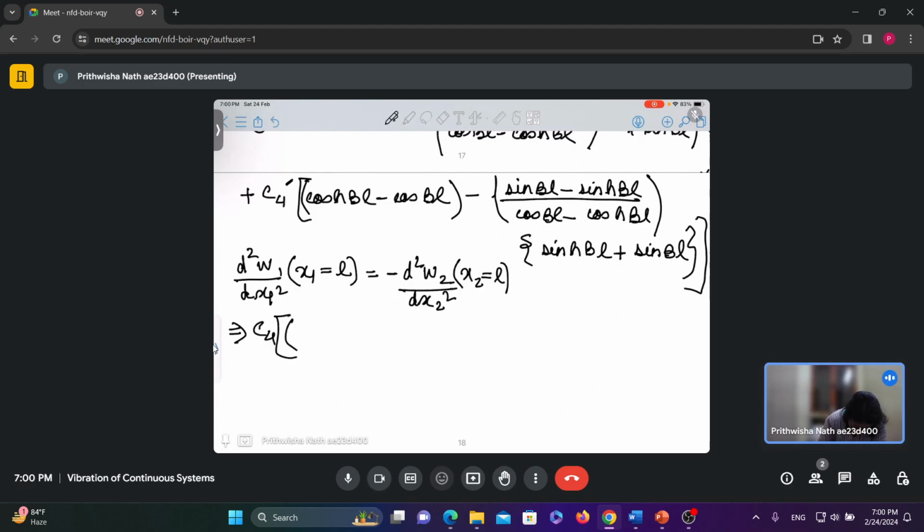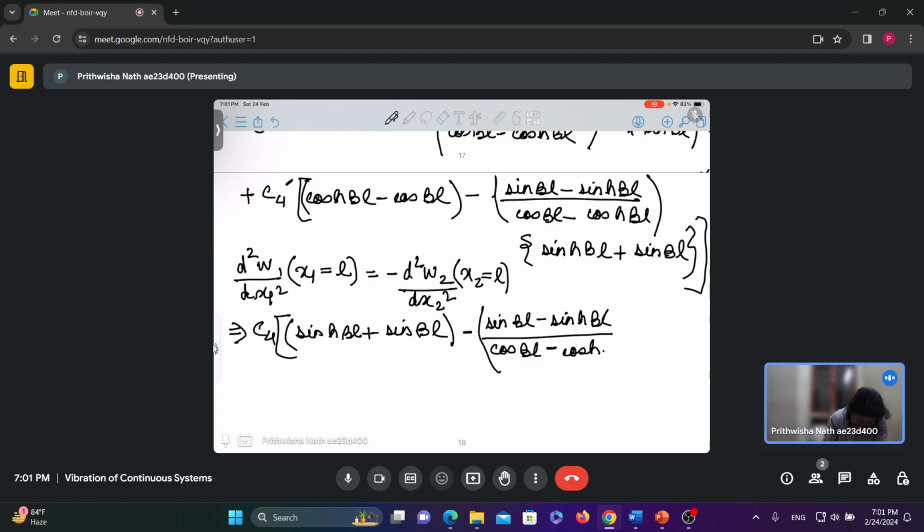C4 sin hyperbolic beta L plus sin beta L, minus of something divided by cos beta L minus cos hyperbolic beta L, into cos hyperbolic beta L plus cos beta L.